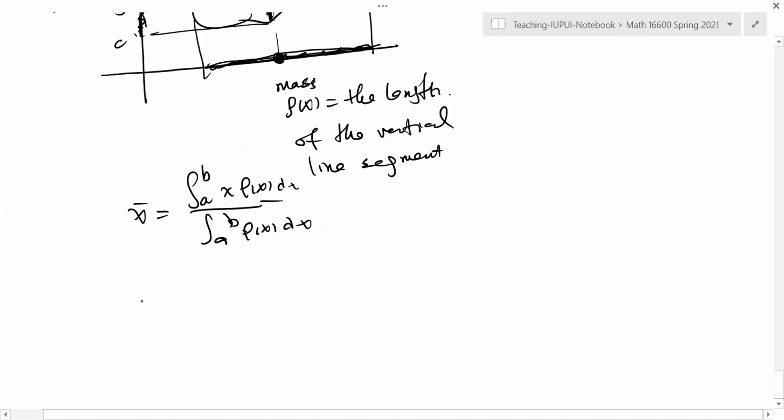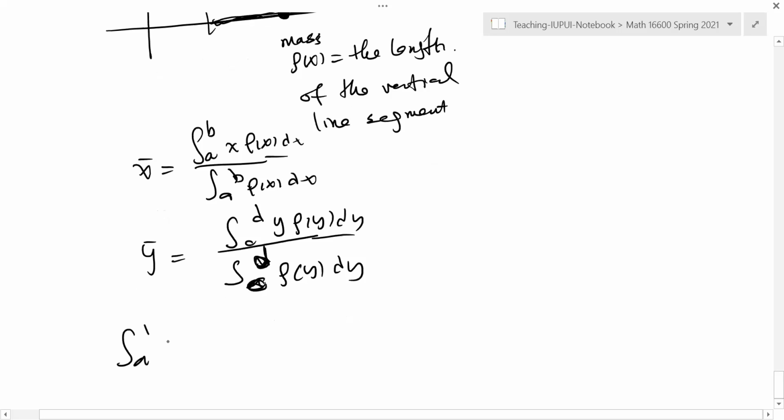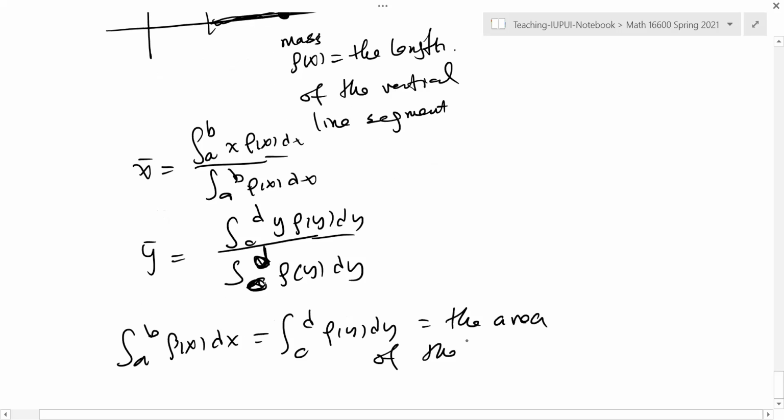So y bar similarly is the integral from C to D of rho y dy. Now, do they have the same denominator? Yes, because this part is the same; it is actually the area of the region. So once you compute one of them, you don't need to repeat it. All you have to do is evaluate the integrals.